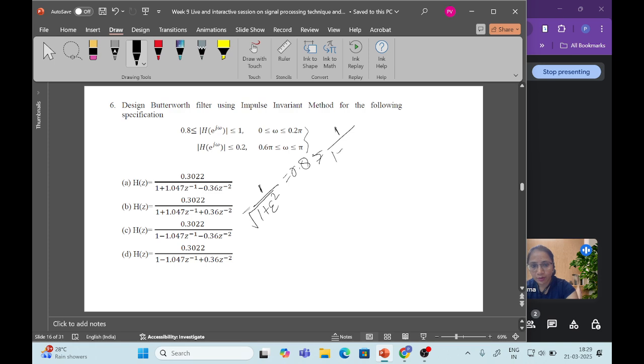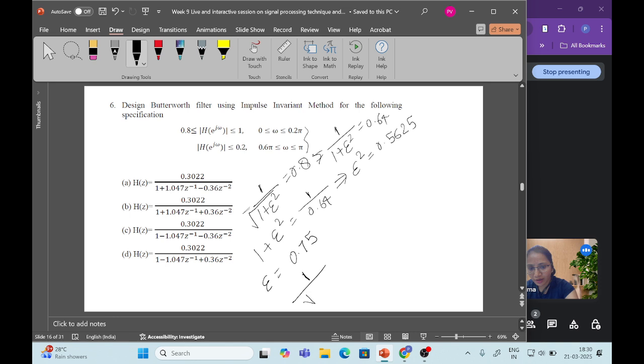So 1 plus epsilon squared you will get 0.64. From here, epsilon squared you will get 0.5625, and similarly epsilon you will get 0.75.